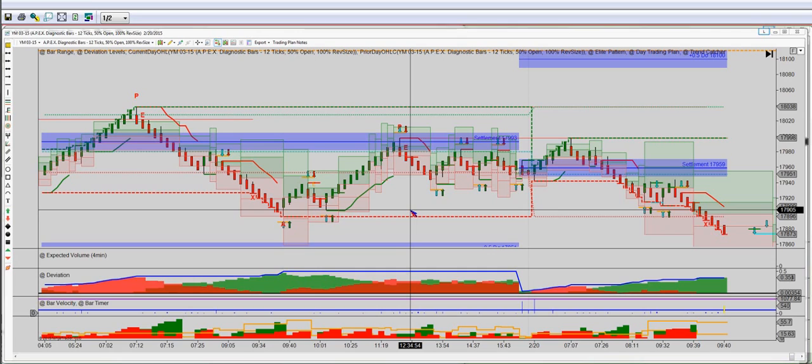So if you've got a lot of exceeding volume, you have a better chance of it pushing through. It's about practice reading the market, really.